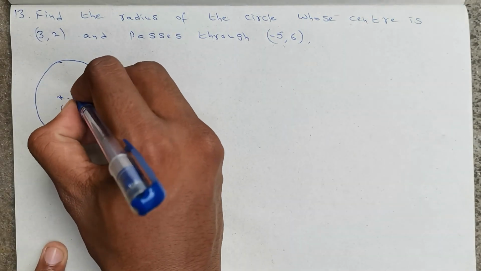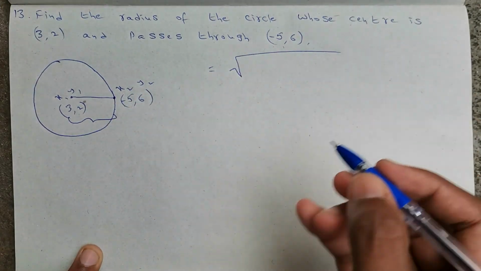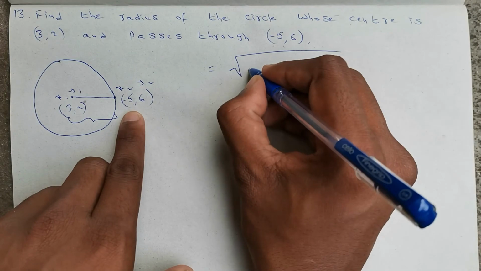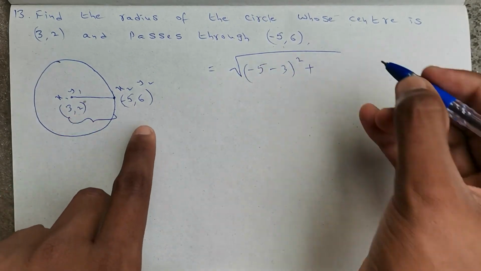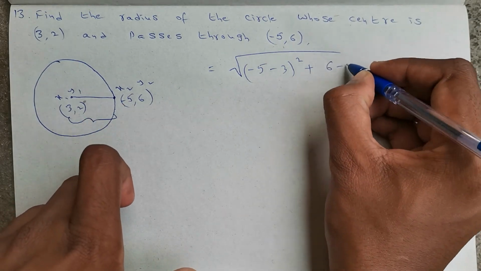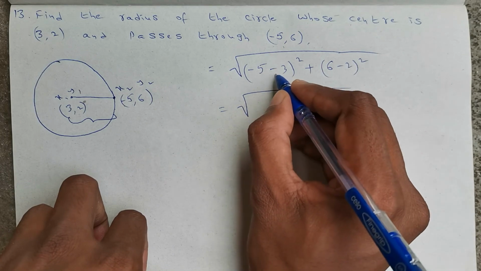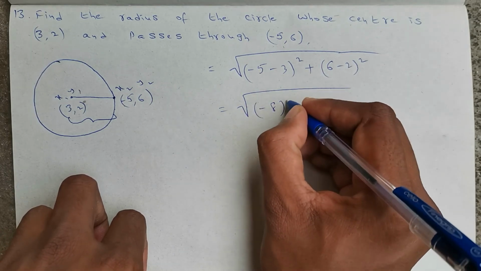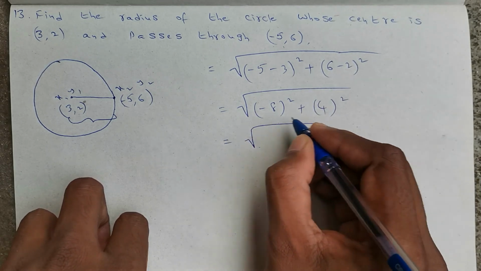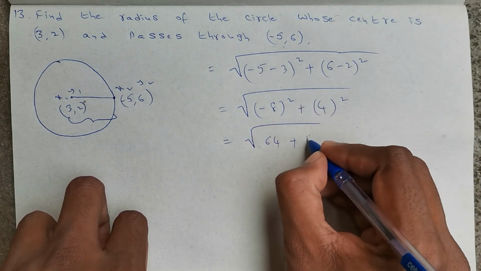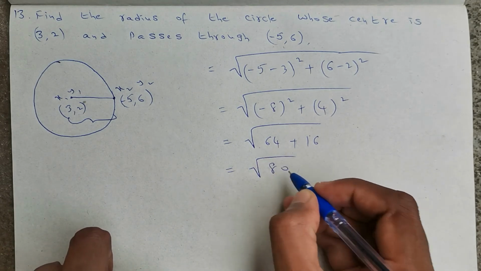This I am taking as x1 y1 and this point as x2 y2. So let us substitute in that. x2 minus x1, minus 5 minus 3 whole square, plus y2 minus y1, 6 minus 2 whole square, which is equal to under root minus 5 minus 3, minus 8 whole square, plus 6 minus 2, 4 square, is equal to under root minus 8 square 64 plus 4 square 16, is equal to under root 64 plus 16, 80.